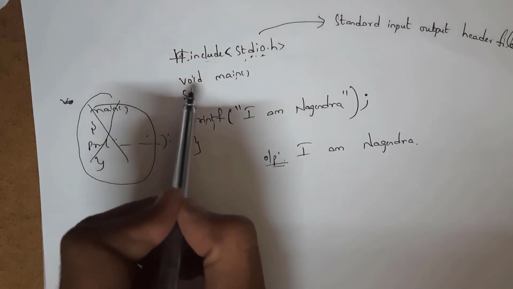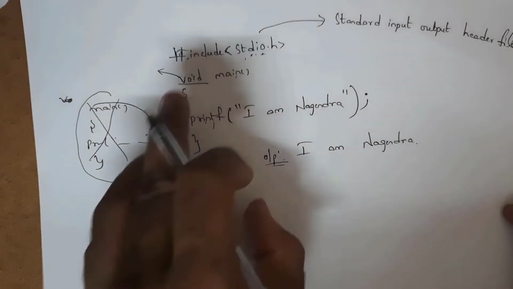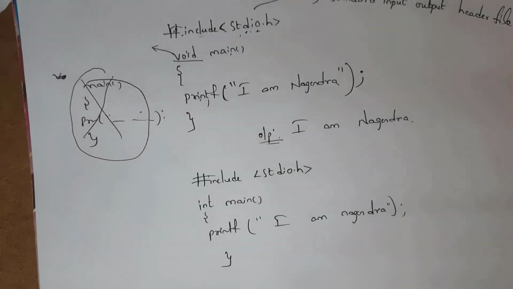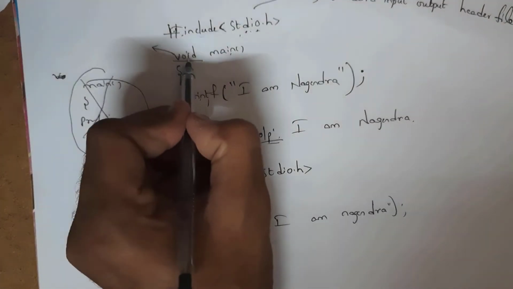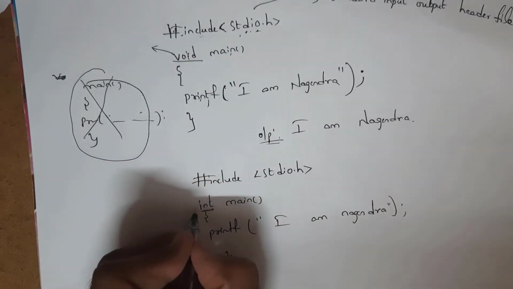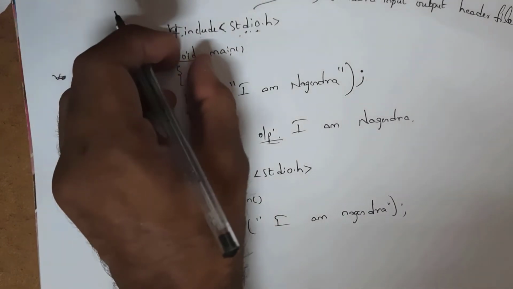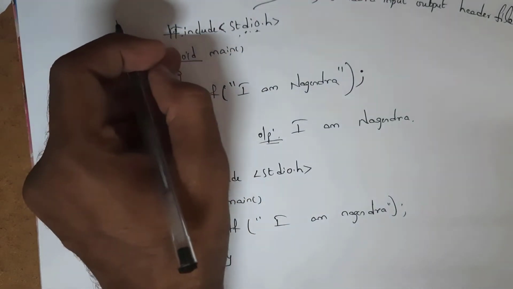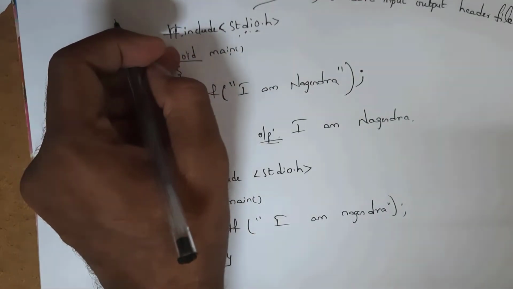After that you need to write void main. Meaning of void is nothing. So there is no need of returning anything. For example, same program, in place of void, if I write here int, where int is nothing but integer data type. So void is nothing but no return type. I am not returning anything.